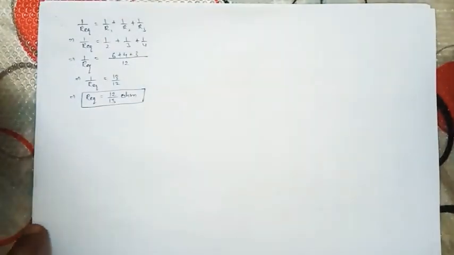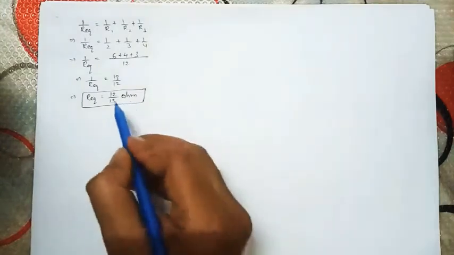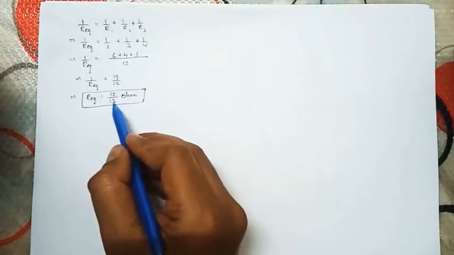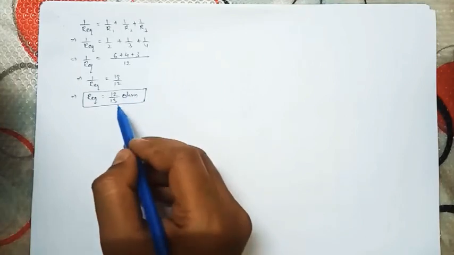Okay, you can see that initially when we connected in the series combination, then we get the value of equivalent resistance, that is 9 ohm, and now we get the value of 12 by 13. So which one is the larger? 9 ohm is the larger value than the 12 by 13.